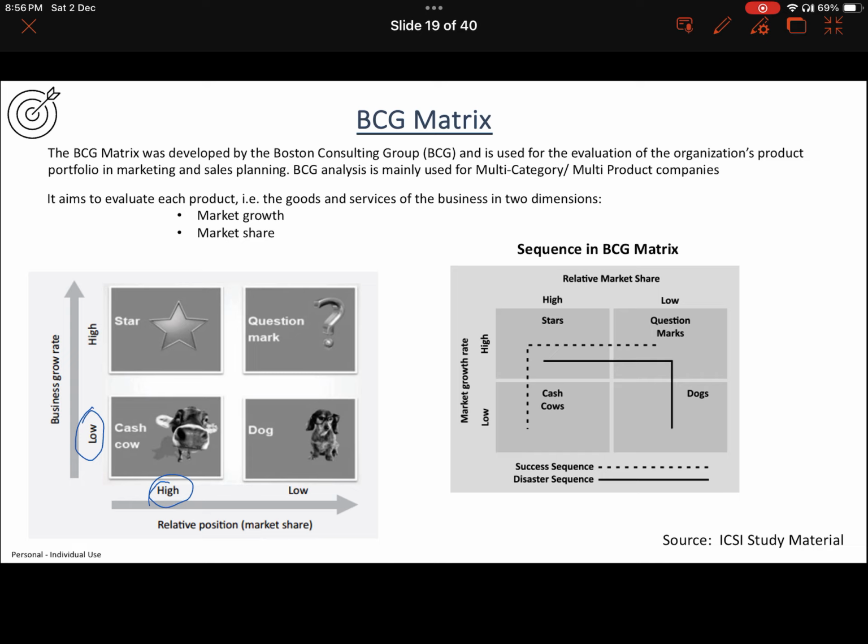What does it mean? For example, car demand per month is 1,000 and it is constant for the last 5 years. It is not changing at all. So market growth is low here, because the demand is not increasing. It is stagnant or coming down.